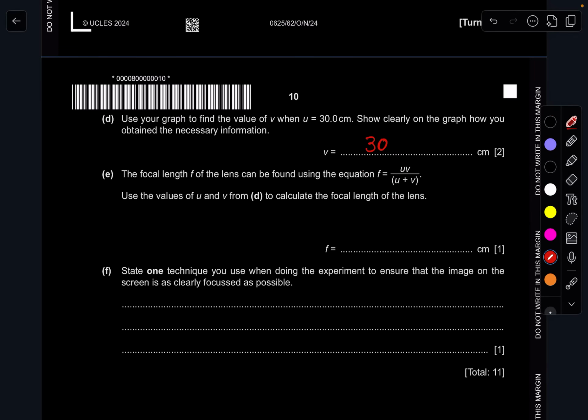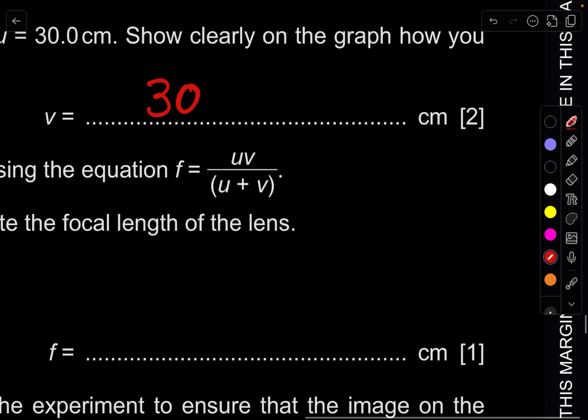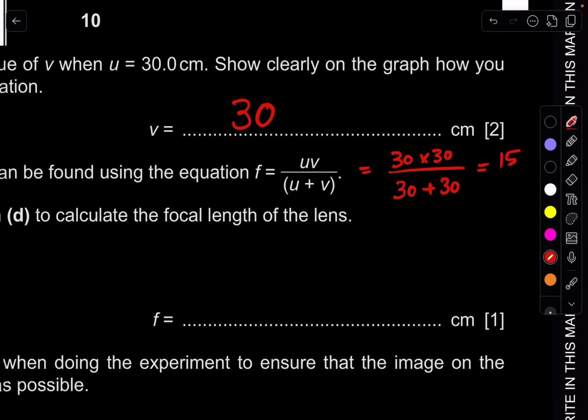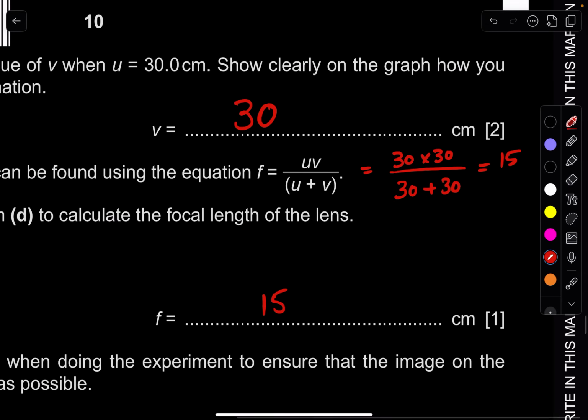You just have to put the values. So if we put the values here, U is 30, V is also 30. It's 30 plus 30. So it will give us 15. So this is 1.5.